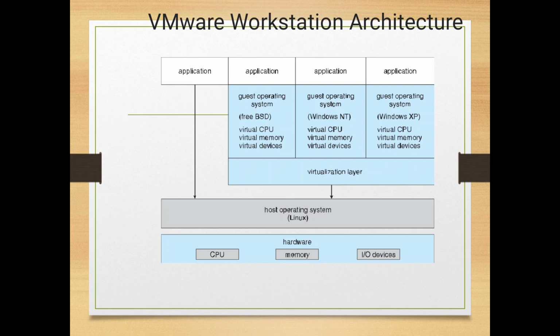Here we have three partitions for the guests. Each guest layer has its own virtual machine, virtual CPUs, and virtual devices. All of this is connected with the virtualization layer, and the overall process is controlled by the host operating system, with the hardware performing the particular task.